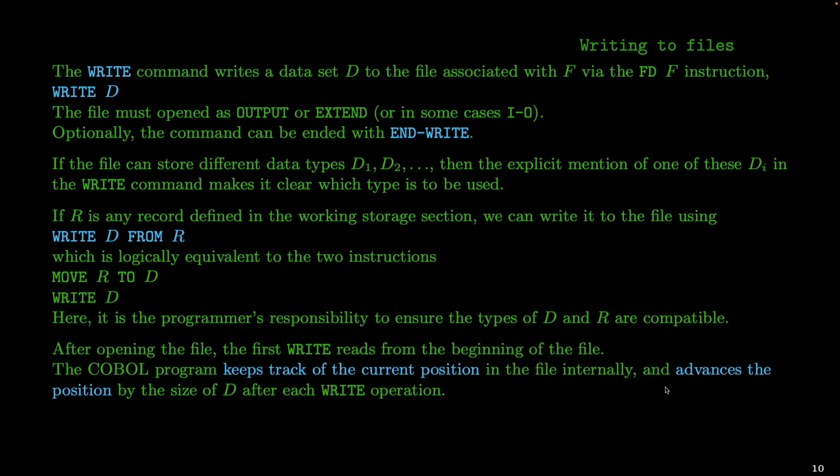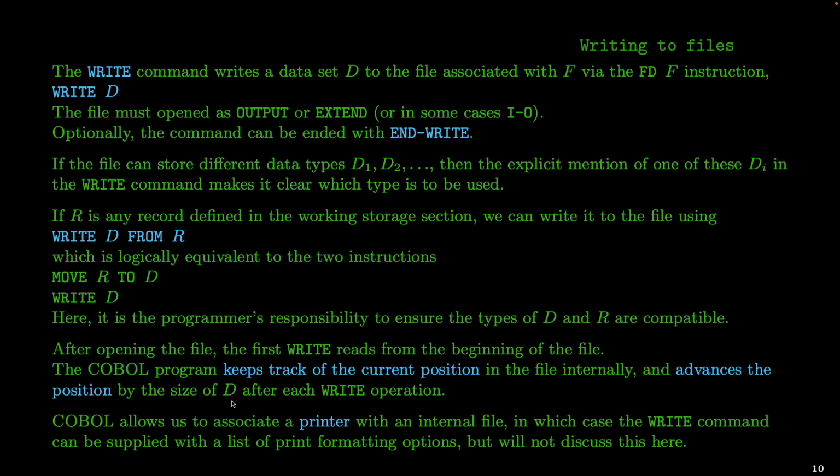And then after each write operation, it advances the position by the size of one record within that file. So if you have two consecutive write operations, then these will be written in two properly spaced out positions in the file, so you will not overwrite the previous records.